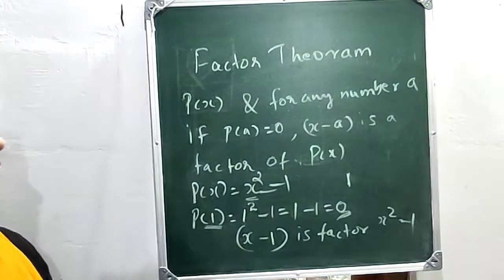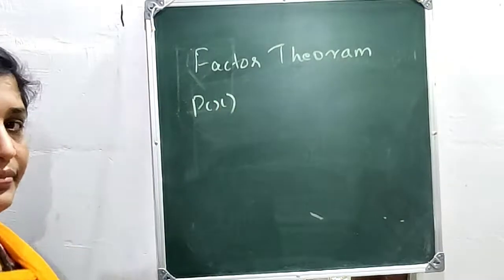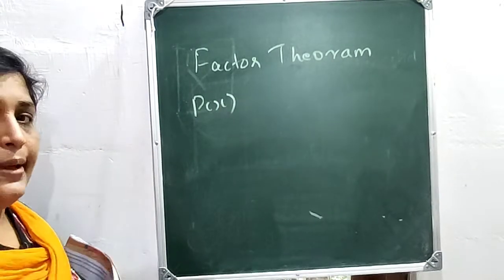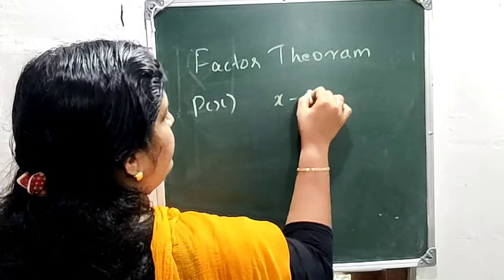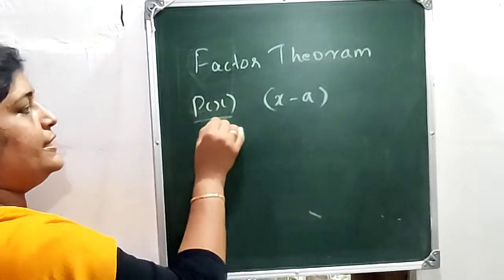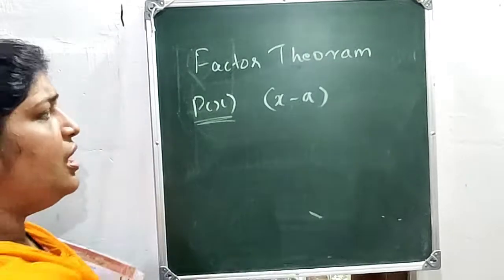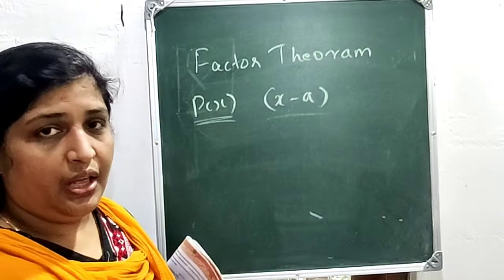P of x is a polynomial and x minus a is another polynomial. P of x is a second degree polynomial and x minus a is a first degree polynomial.